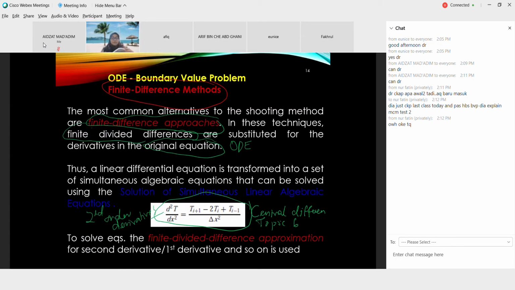If you're using your module, page number 93. Okay, page 93.